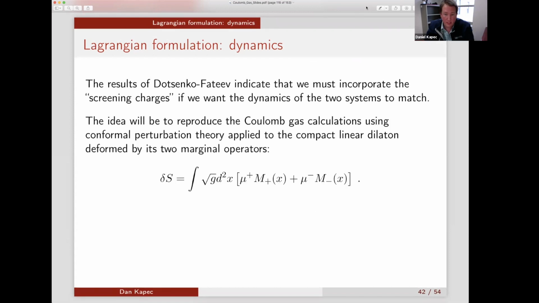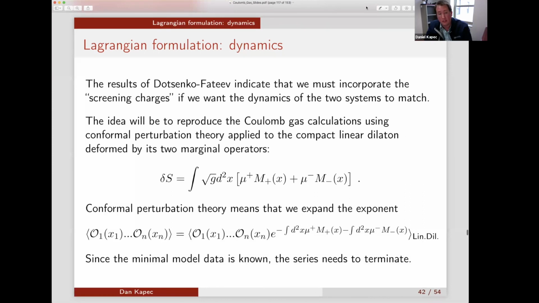Okay, so the last thing that we'll discuss in just 5 minutes is the dynamics, how to reproduce the correlation functions of the minimal models from this BRST quotiented timelike Liouville. We just want to follow our nose, and see if we can treat these exponential interactions using perturbation theory.